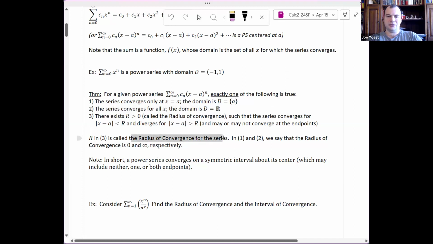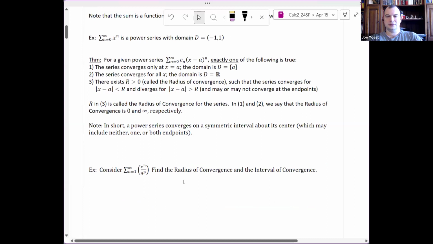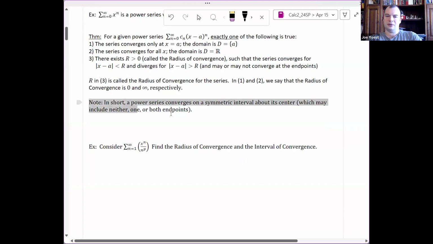Again, the radius of convergence is what we call this number r here. If we expand our view a little bit to 0 to infinity, we can think of line 1 as being like a radius of convergence of 0, and line 2 as a radius of convergence of infinity. This is the really important point here: power series converge on symmetric intervals.